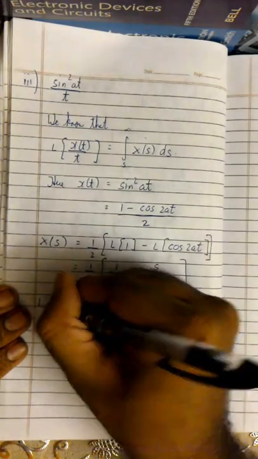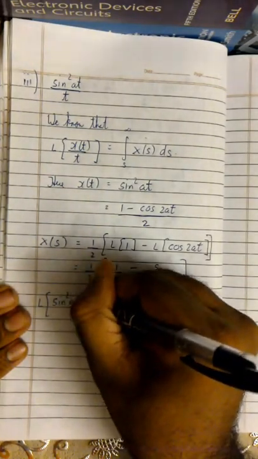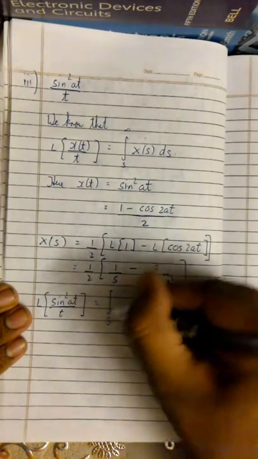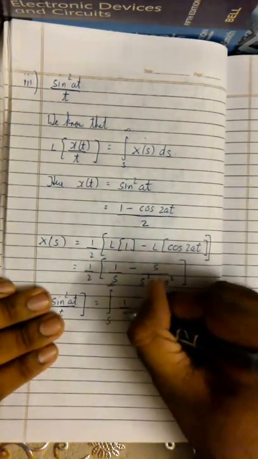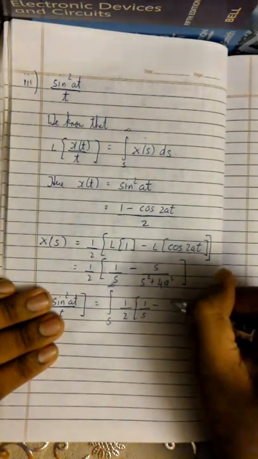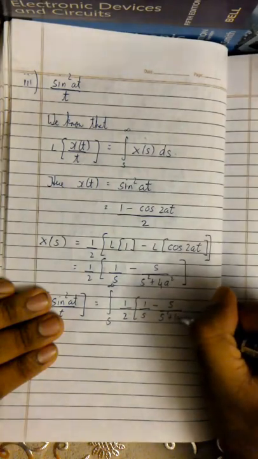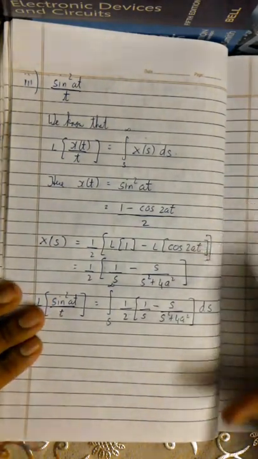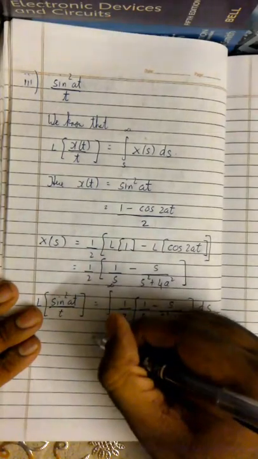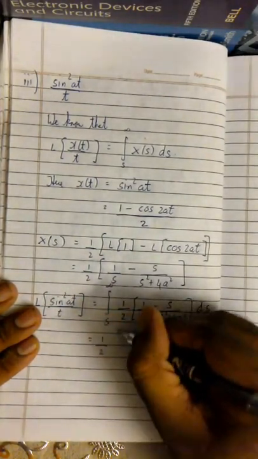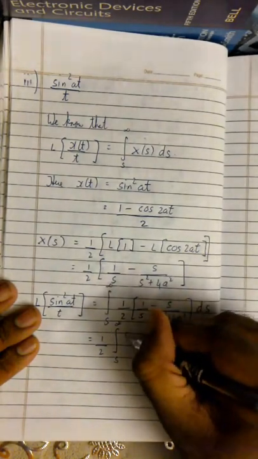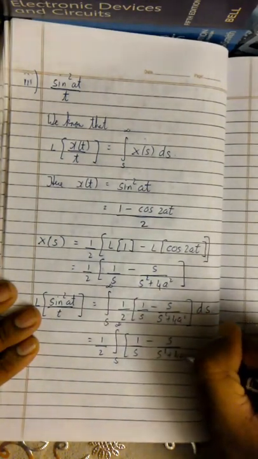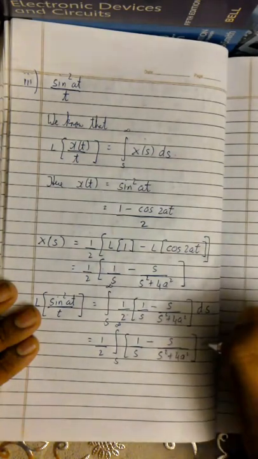Therefore the Laplace transform of sin²(at)/t is equal to the integral from s to infinity of X(s), which is 1/2 into (1/s - s/(s² + 4a²)). I'll bring this 1/2 outside, so this becomes 1/2 integral from s to infinity of (1/s - s/(s² + 4a²)) ds.